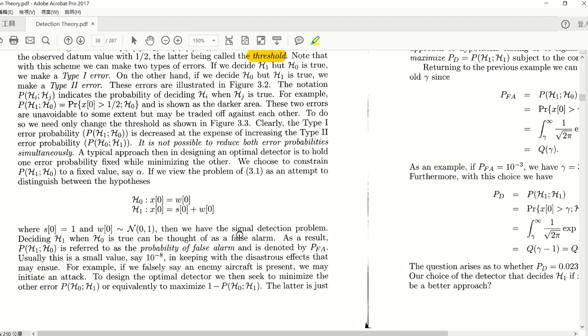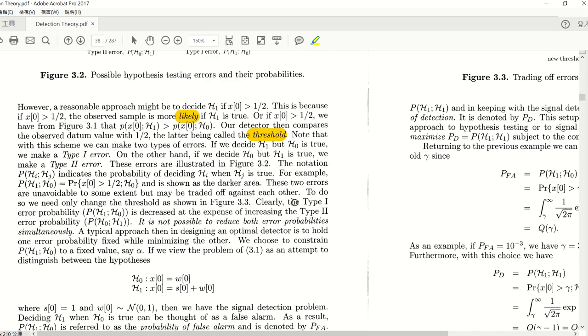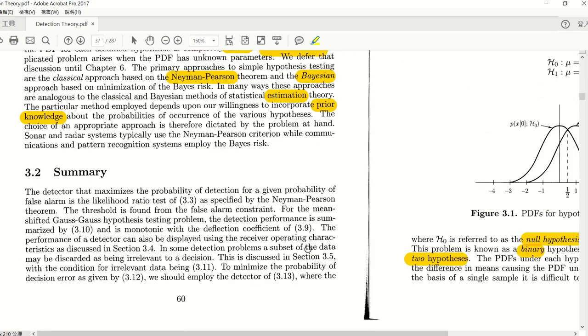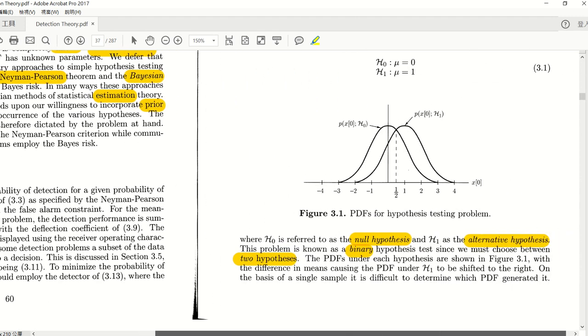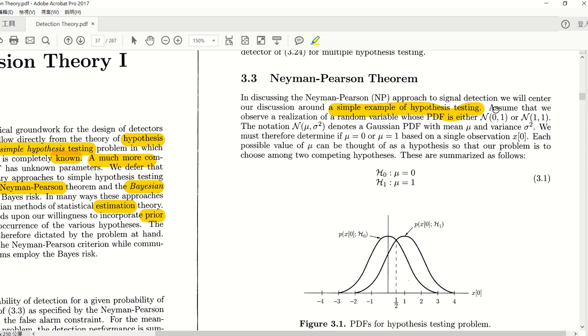Then we have the signal detection problem. As I said, H0 has only W, so it has this distribution.